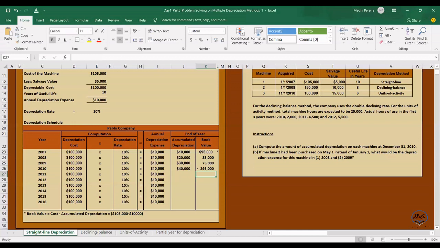Very sorry, I think I've put an additional zero here. So this is what has been asked, this is the answer. For machine one, the accumulated depreciation at December 31st, 2010 is $40,000. So this should be the answer to the first machine, in case of instruction A.